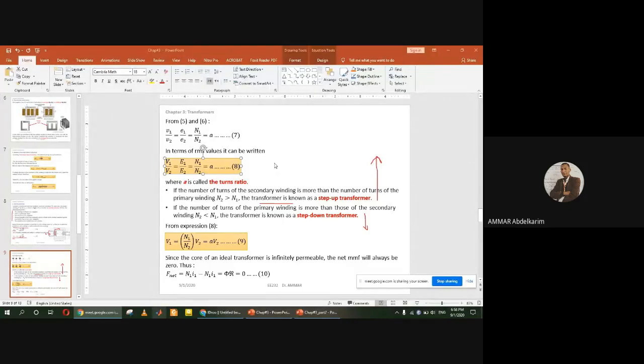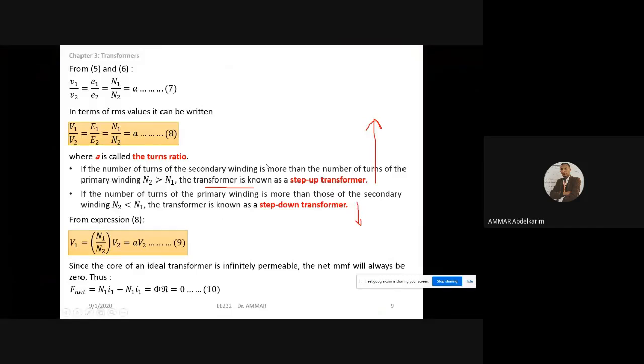This is the objective of studying the ideal transformer, because if it was real, we would have voltage drops. So this will not be exact, that N1 over N2 equals exactly V1 over V2, because we have voltage drops.